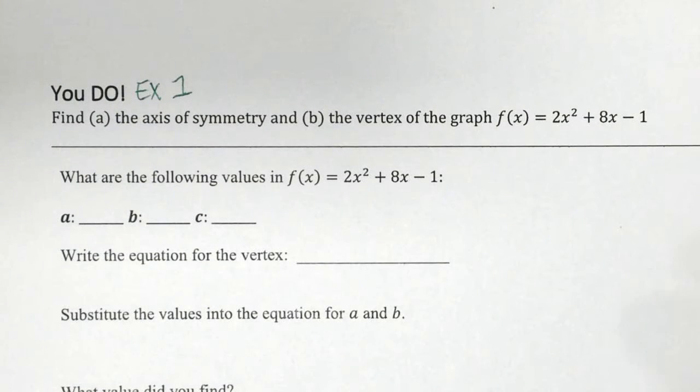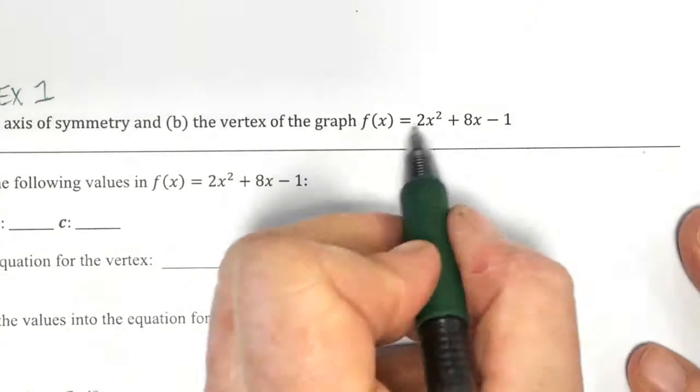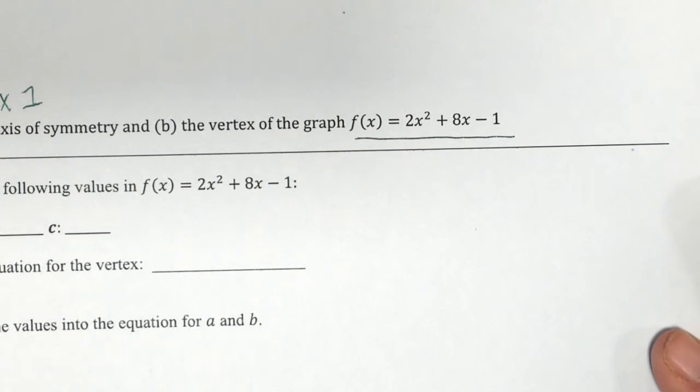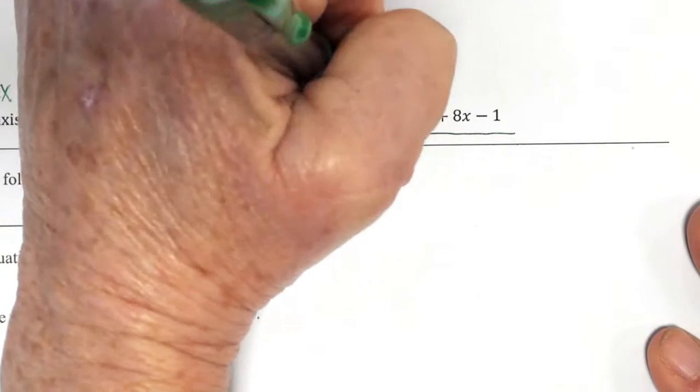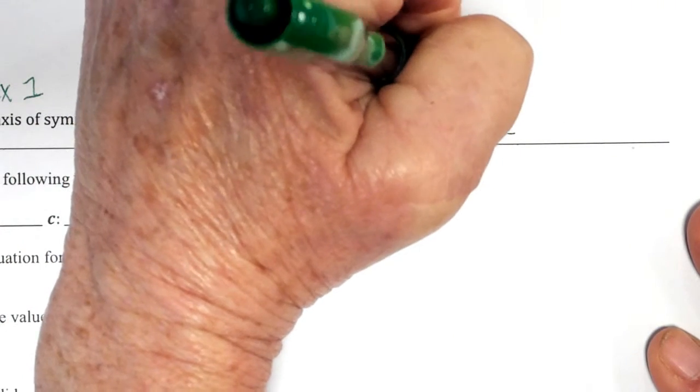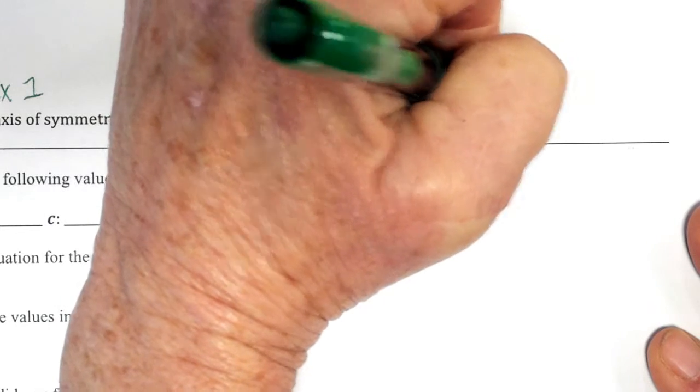And what we're supposed to do is find the axis of symmetry and the vertex of the graph. And you're going to notice here that this is standard form. There's that ax squared plus bx plus c. And right above it, I'm going to write f of x is equal to ax squared plus bx plus c.